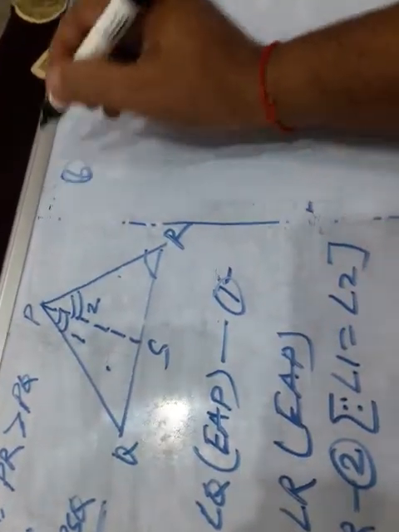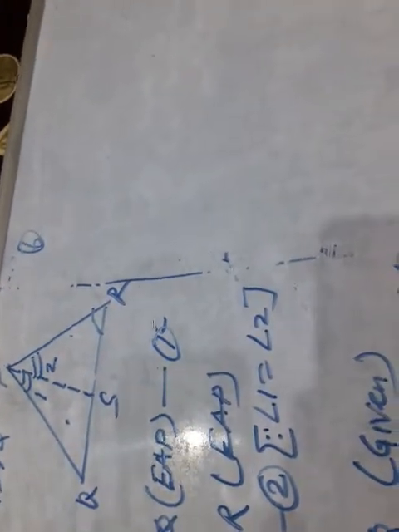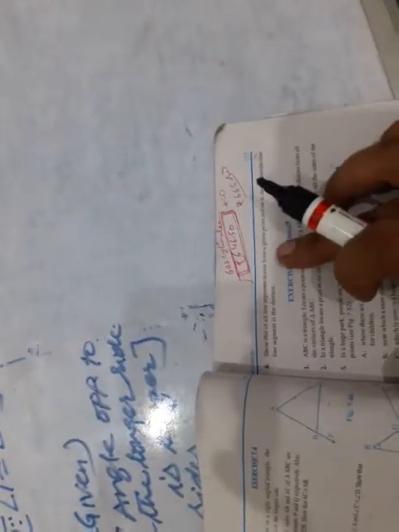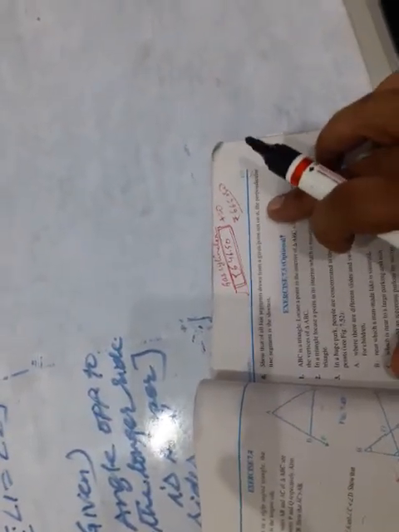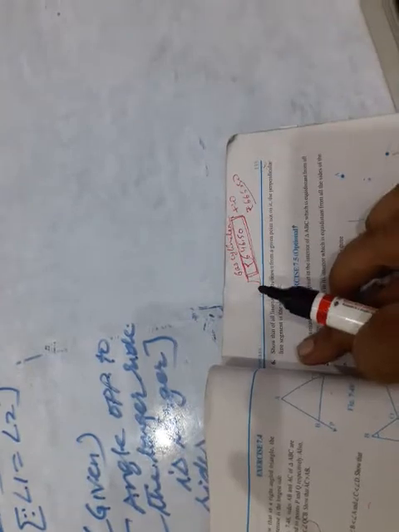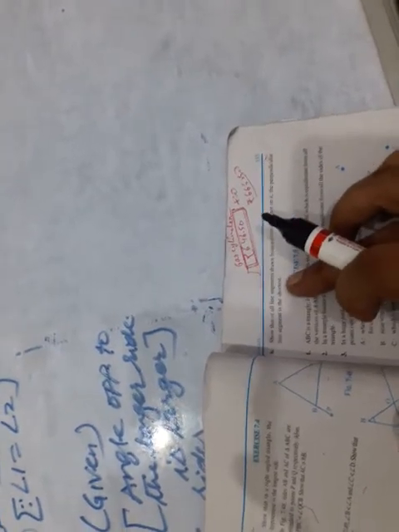Let us see question number 6. It states, show that of all line segments drawn from a given point not on it, the perpendicular line segment is the shortest. Okay children, let us draw a figure. We have to see what the actual fact is.